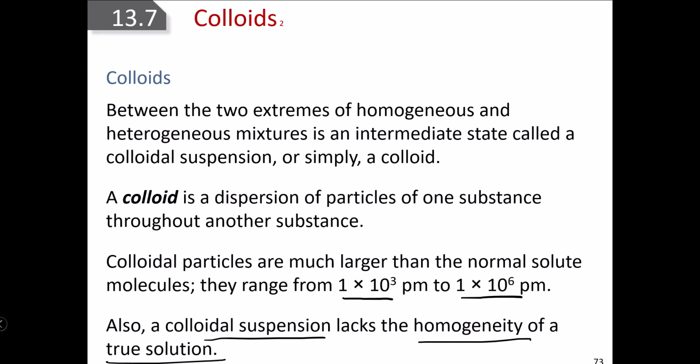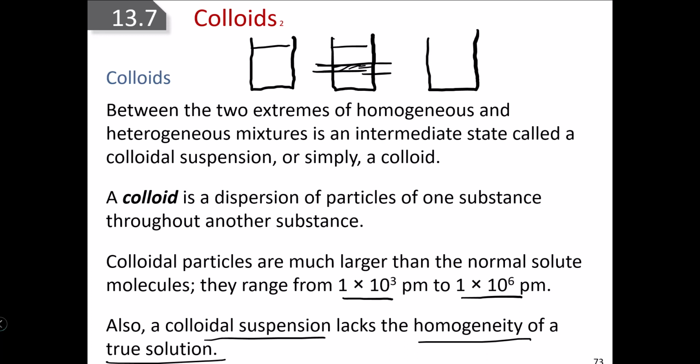But it's different than just a suspension, because in a true solution, it's all one phase. And a colloid may look one phase or it may look a little cloudy, but when you shine a light on it, you will see the beam going through the mixture. And then a suspension, the particles have gotten so large that they will settle out due to gravity, and so they eventually settle out like so.